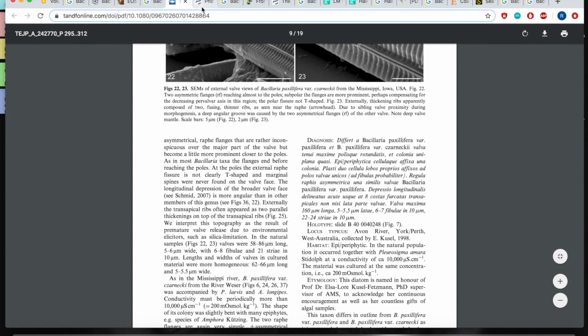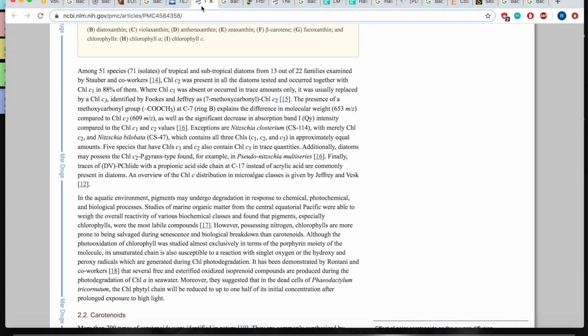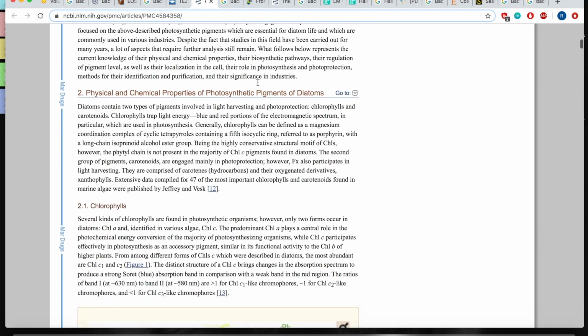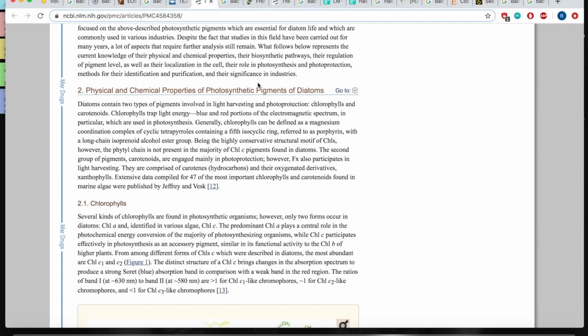Now, pigmentation is, as of right now, a little tricky, just because that's not something that's usually going to be listed for you when you're looking for a specific species, but it's important to know that there are certain pigments that are always going to be found, such as chlorophyll A, C, fucoxanthin, beta-carotene, and a few others.